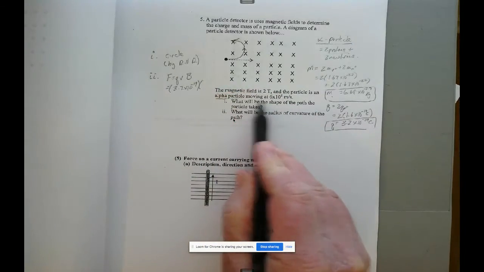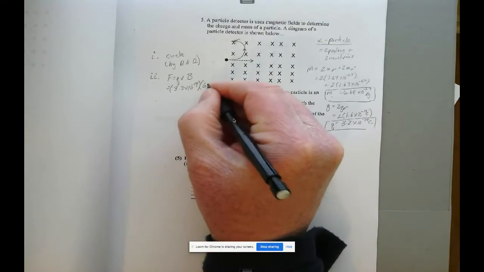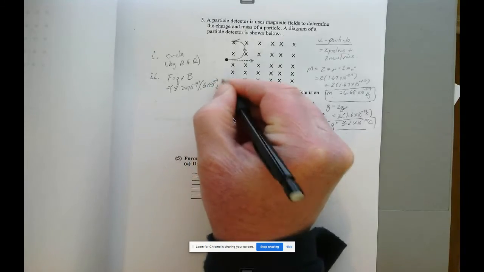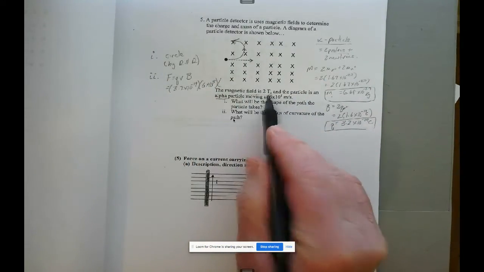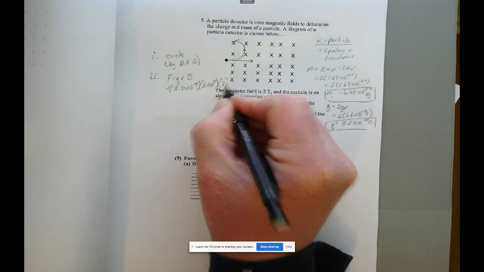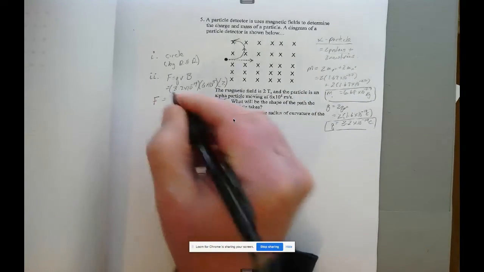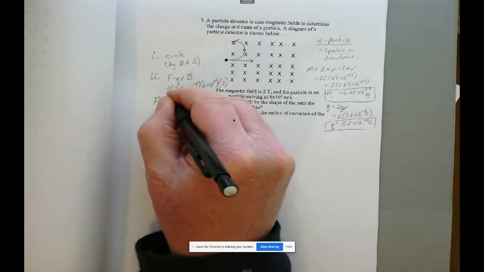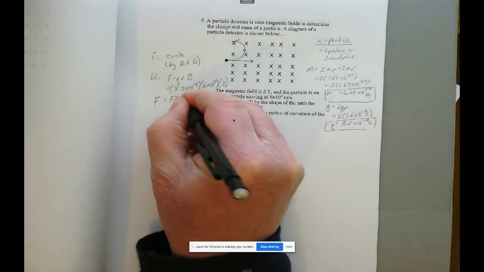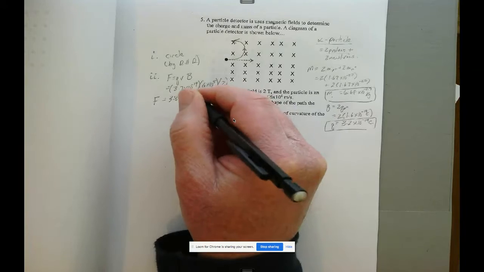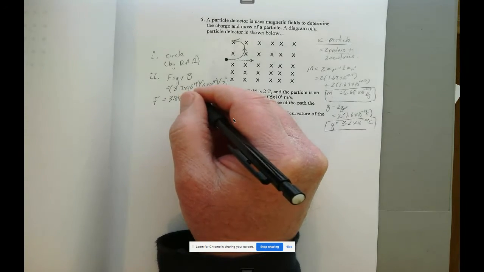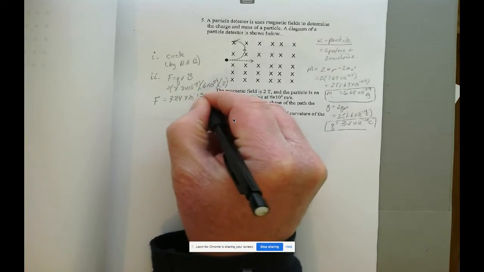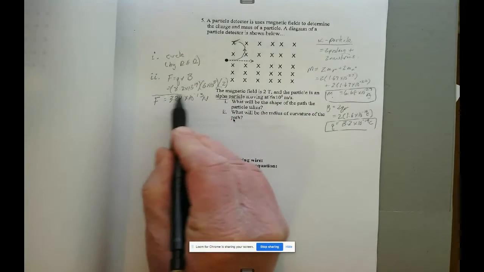We have V right here, 6 times 10 to the 5th. And we have B, the magnetic field here, is 2. So when I multiply that all out, I get force equals 3.84 times 10 to the minus 13th newtons. So there's the force.